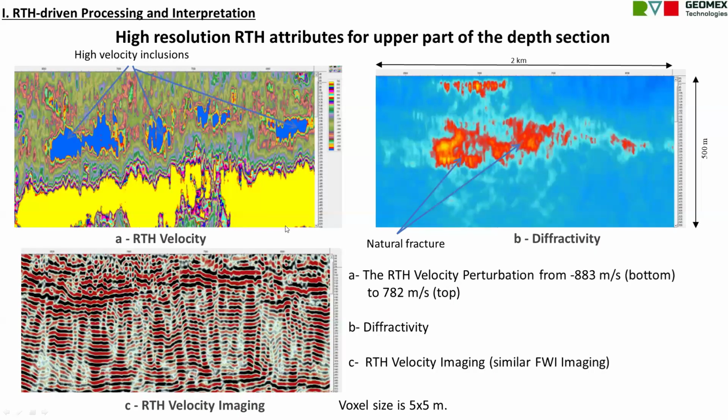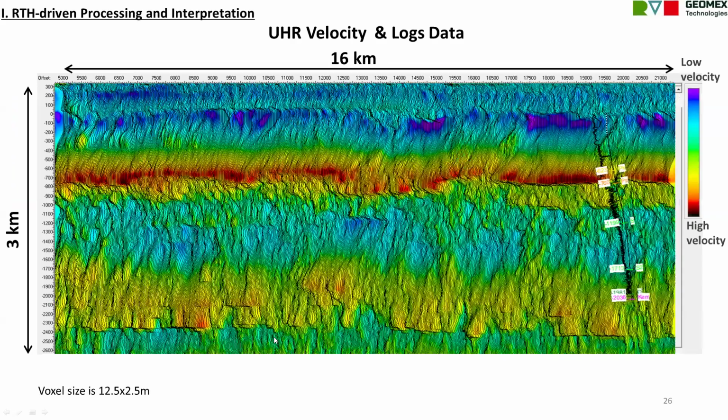This is similar for the upper part of the depth section, 500 meters. This is a natural fracture, a high velocity inclusion. This is RTH velocity imaging for this part. Ultra high resolution velocity and logs.